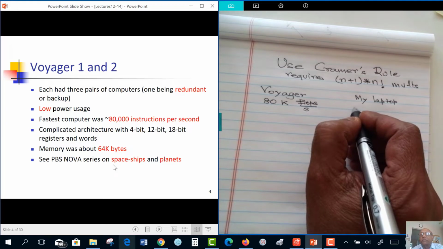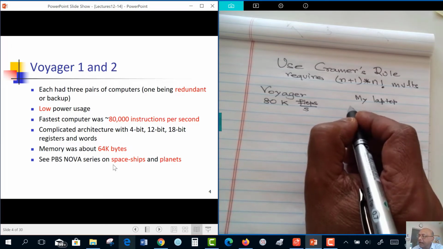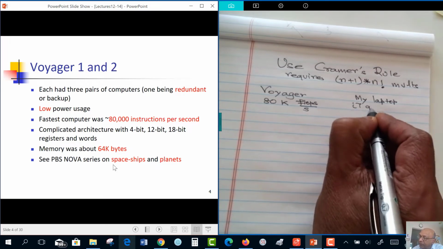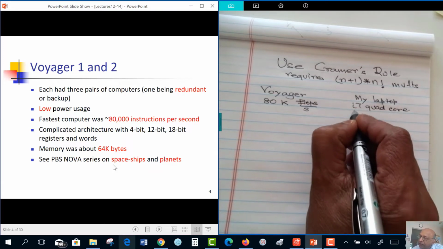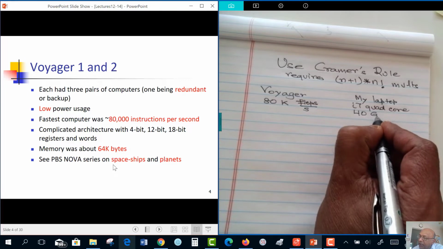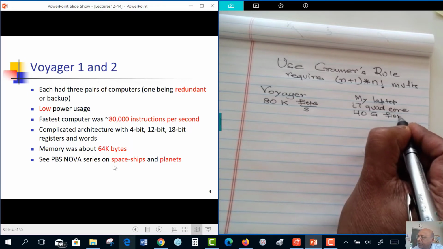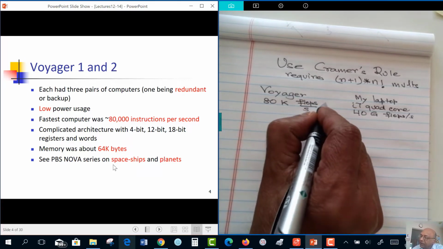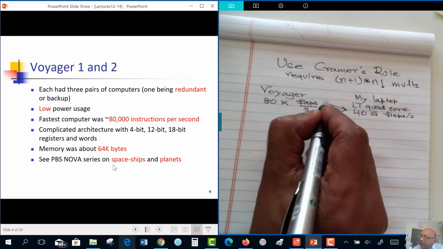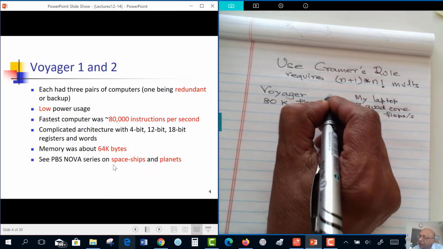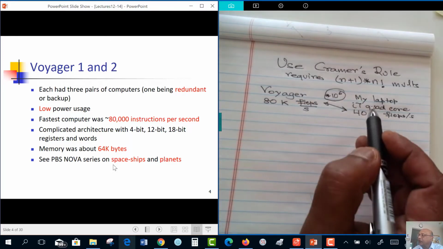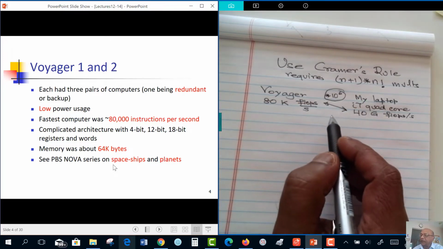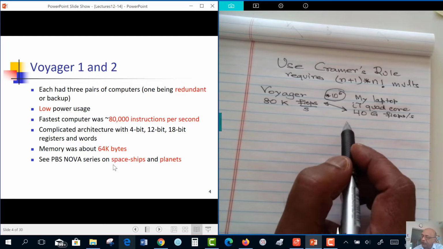My laptop is an i7 quad core, and it does 40 gigaflops per second. So imagine this is almost a factor of a million. My laptop is a million times faster than the Voyager.